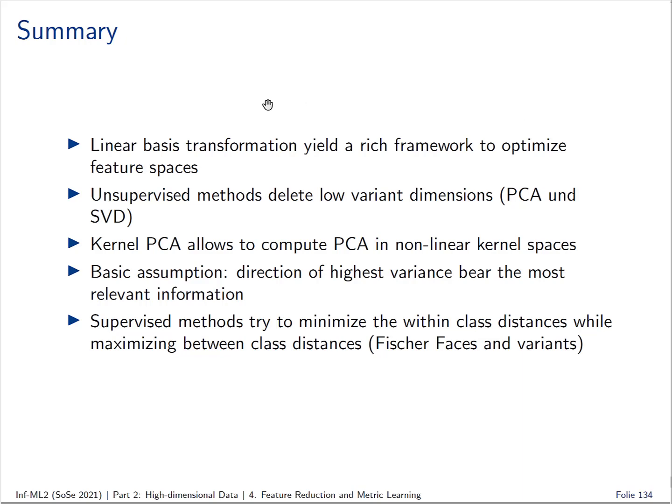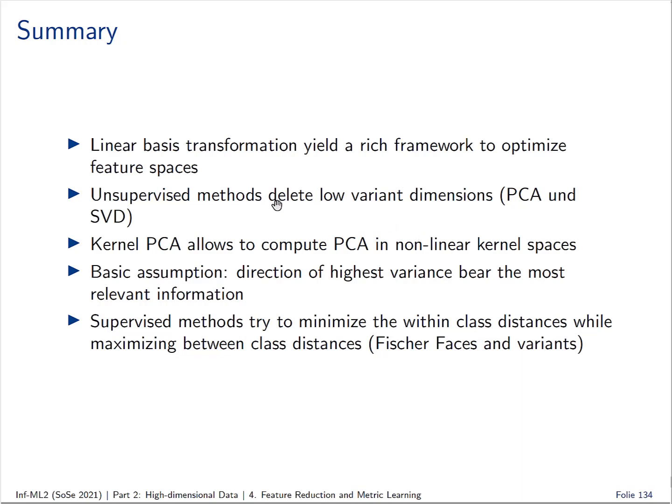So here's a short summary. We had linear basis transformations that may yield a rich framework to optimize feature spaces. Unsupervised methods try to delete low variance dimensions. PCA and SVD look for the high variance directions by linear basis transformations.